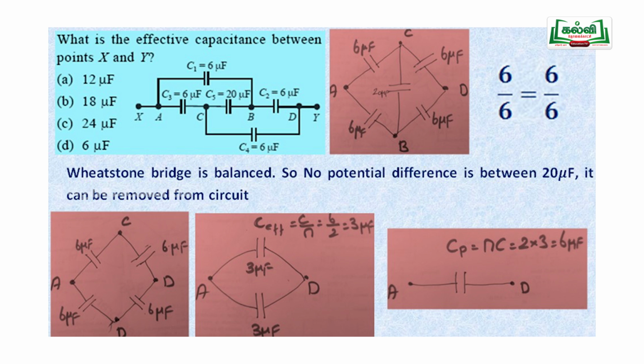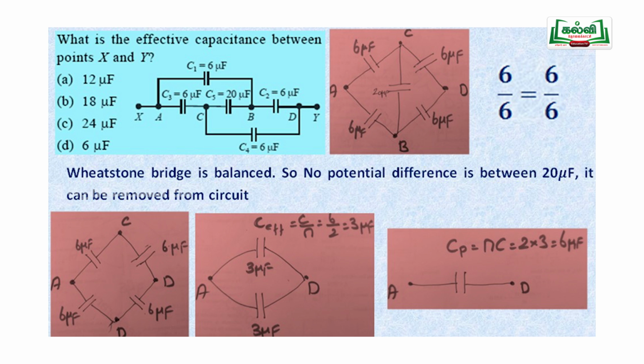Now connect each and every one. Look at this capacitor, it is connected to A and B, 6 microfarad, over. Next go for this one, between A and C, it is 6 microfarad, over. This one is also over.